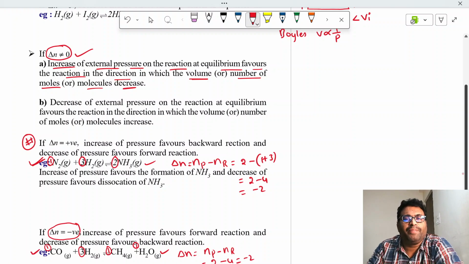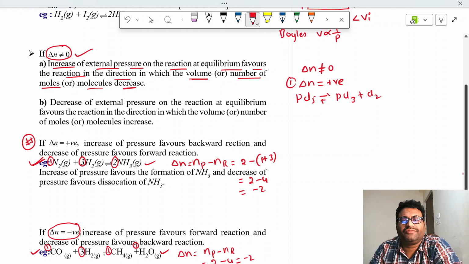Let us take a reaction for which delta N is positive, not equal to 0. First condition: let us take delta N equal to positive. For example, PCl5 gives rise to PCl3 plus Cl2. For this, what is delta N?